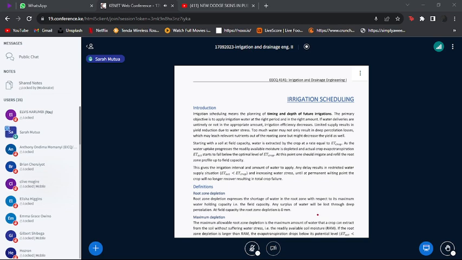When the moisture content in the root zone falls below the critical moisture content, your crop starts to encounter stress, and the evapotranspiration from that crop is going to fall below actual evapotranspiration. Your crop will start to encounter water stress. And finally, the yield that you attain is going to be less than 100% yield.